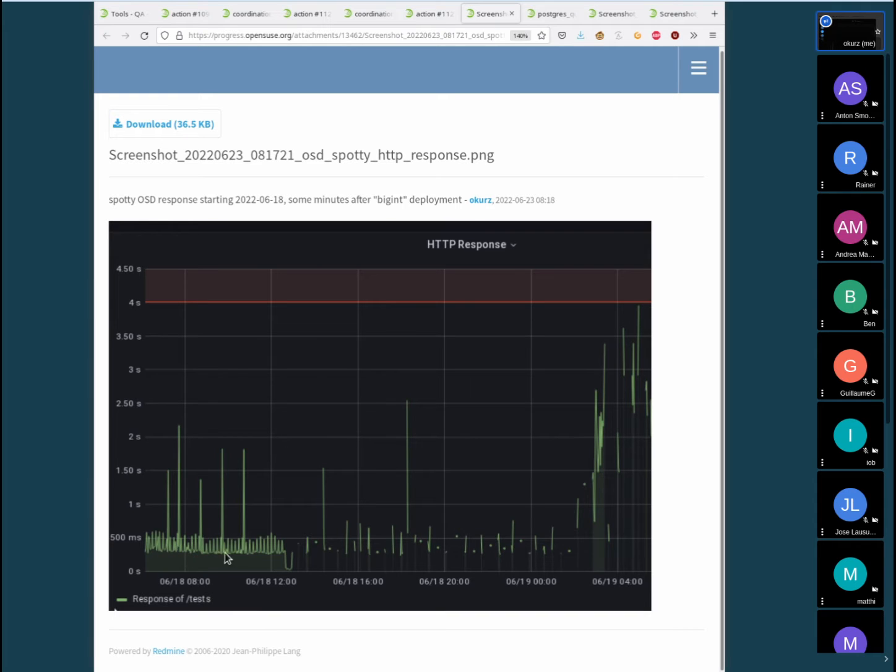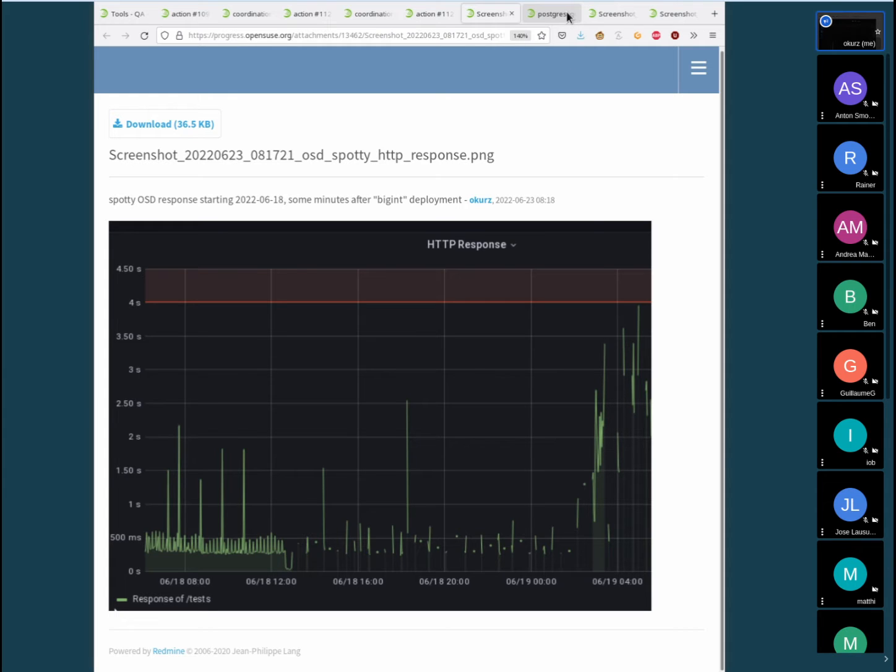We see that we have good response times, and then here the graph looks different, only very spotty, with data at all. But if we do have data, it doesn't look too bad. And then one day later, on Sunday morning, it is still very spotty and becomes worse with higher response times, but still below that alerting threshold.